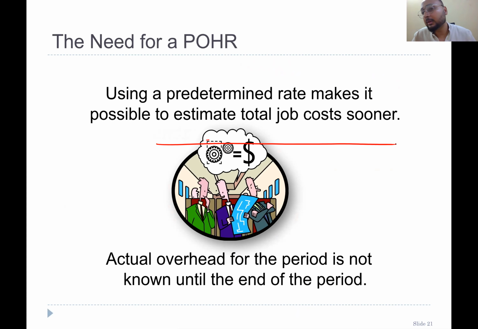Then we accept it, otherwise we reject it. So actual overhead cost for a period is not known until the end of the period, right? If we receive the order and because we quote the price in advance and our cost comes after the completion of the product, that's why it is easier for us to estimate.